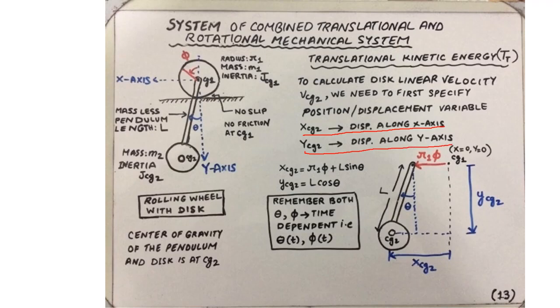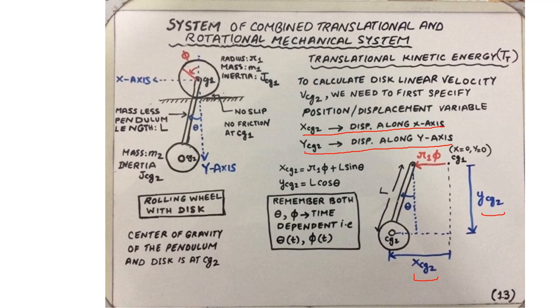Then, using the geometry of the system, we can write down the expressions of xcg2 and ycg2 as shown here. And that essentially is a problem of geometry and trigonometry.